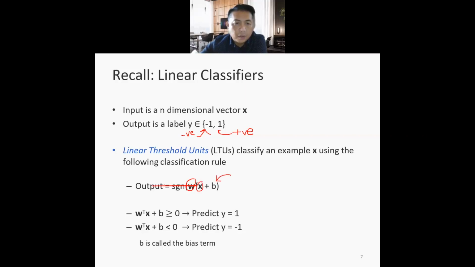The output that we get here will depend on the value that we have here. If the value is greater or equal to 0, then y will be 1, positive sample. If the value of this expression is negative, we will predict y as negative.